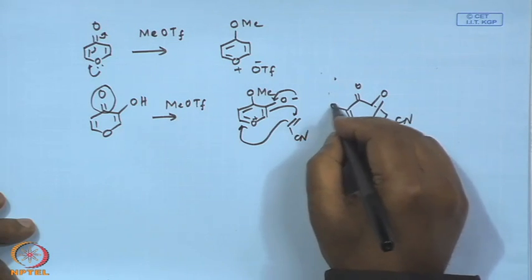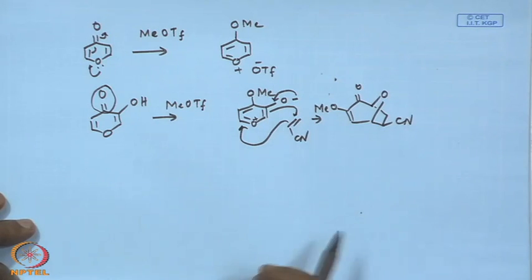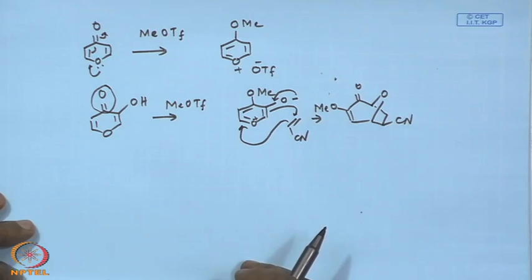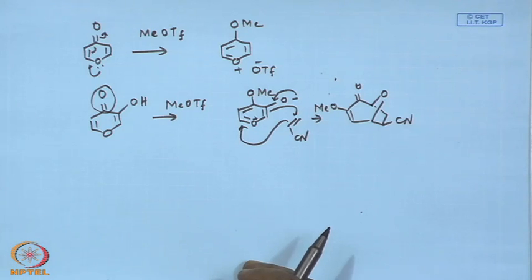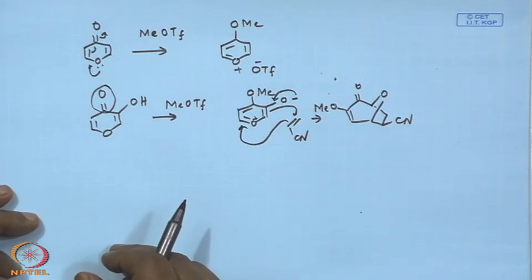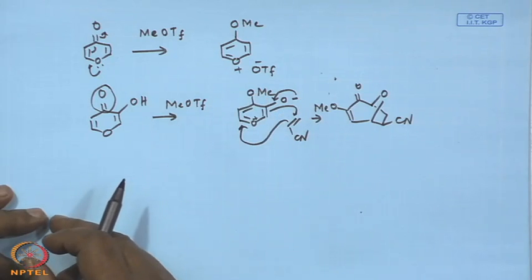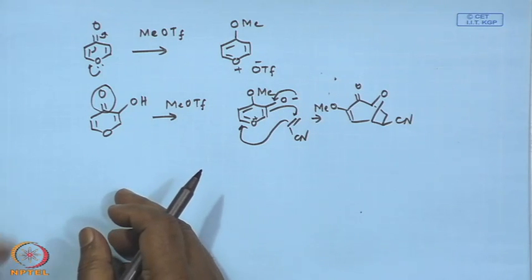So you will get again a 7-membered ring with the oxygen bridge here and the cyano group here. This is a new kind of reaction, only that it incorporates an additional methoxy group here, and these reactions have been very useful in the sense that you do not have to have this methoxy group pre-formed. You can do it in situ.